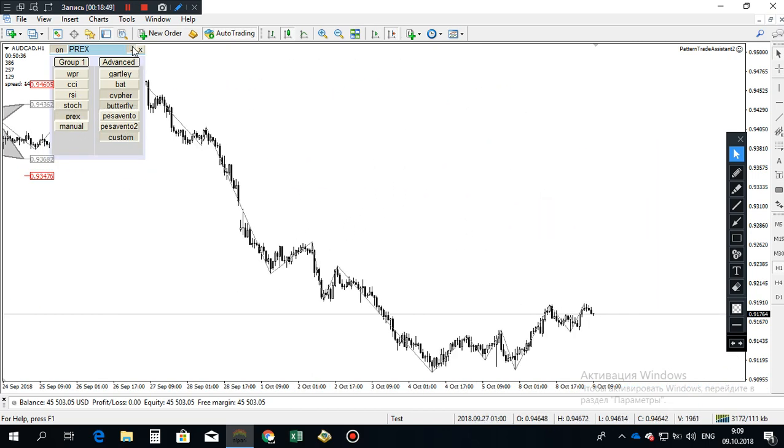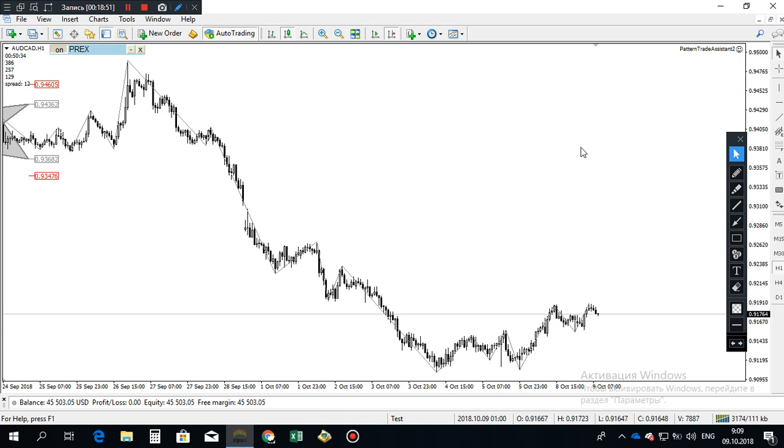Well, that's it about pattern invalidations. Hope you understood the 3 main rules of how you decide whether the pattern is invalid or not. Because the fact that the pattern is drawn by the MPS5 pattern recognition software does not mean that you should trade this pattern.